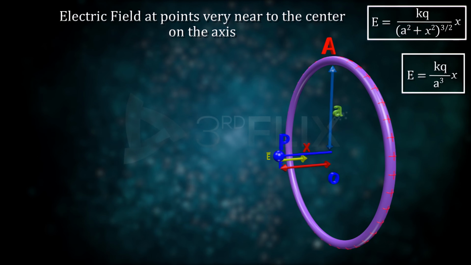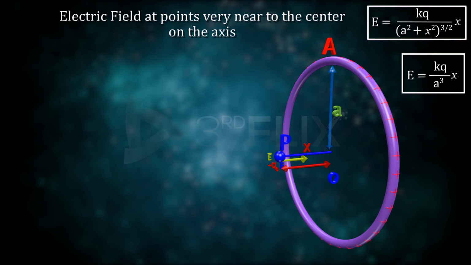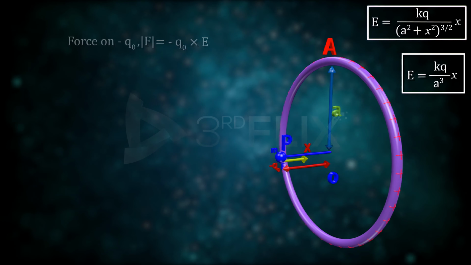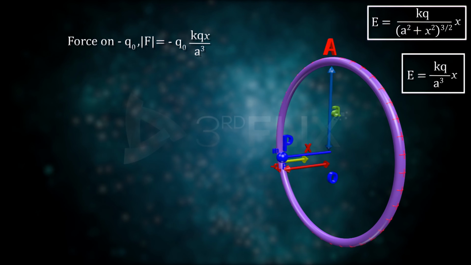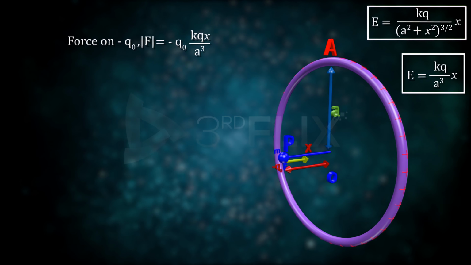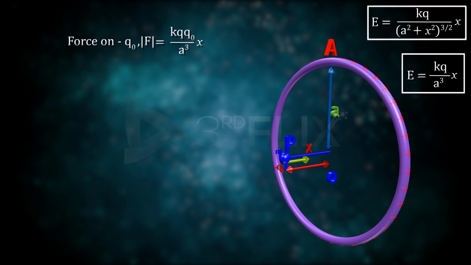Suppose a charge minus q naught with mass m is left near the center of the ring. It would experience an attractive force kq q naught by a cube into x towards the center.